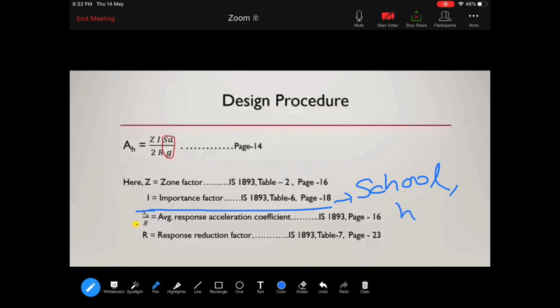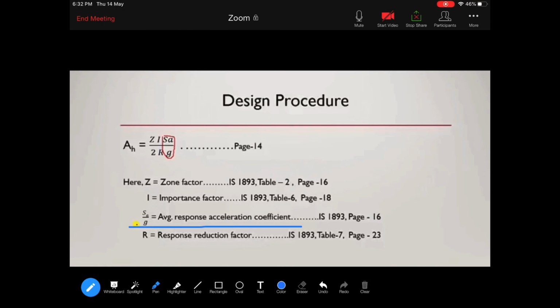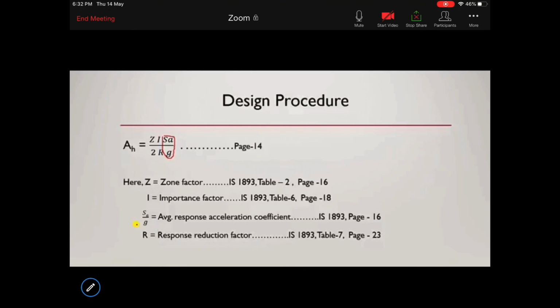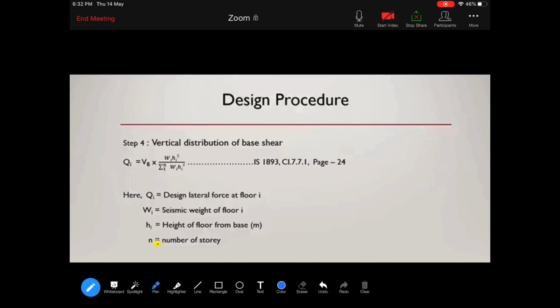What is importance? Like school, hospital building and other buildings. SA upon G, average response acceleration coefficient, is also important, given in table page number 16. Reduction coefficient factor R.